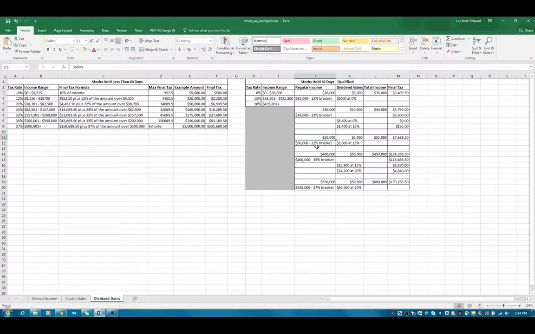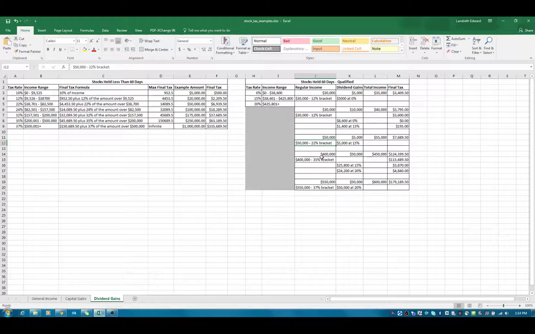And if we do the 50,000 scenario again, it works exactly the same as we did in the capital gains thing. So that's kind of the trend we're going to follow all the way through this. I hope that at this point you guys kind of understand. We get that 50,000 starting off like a normal income, work your way through the brackets, so you get a total of 4,453 plus the remainder of 50,000 minus 38,700.